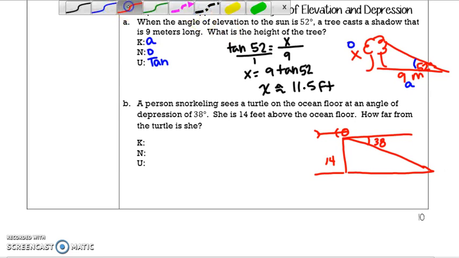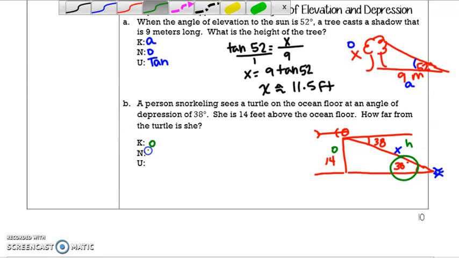Okay, so by alternate interior angles, this angle here is 38 degrees. We want to figure out how far from the turtle. So here's our turtle, and we want to figure out that distance. We know our angle, we know the opposite, and we need the hypotenuse.